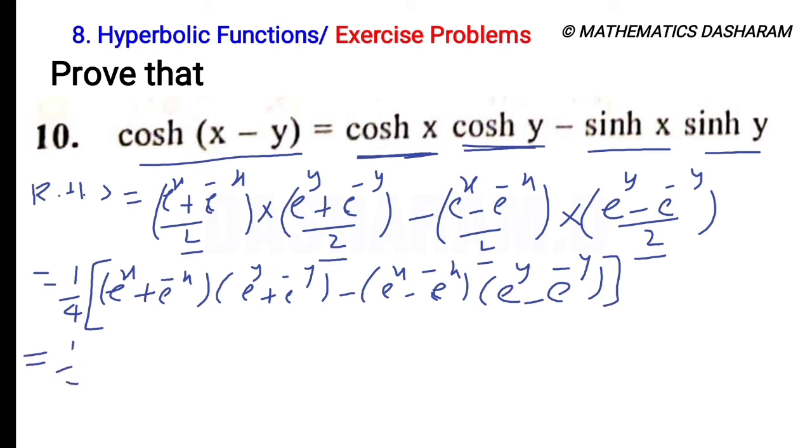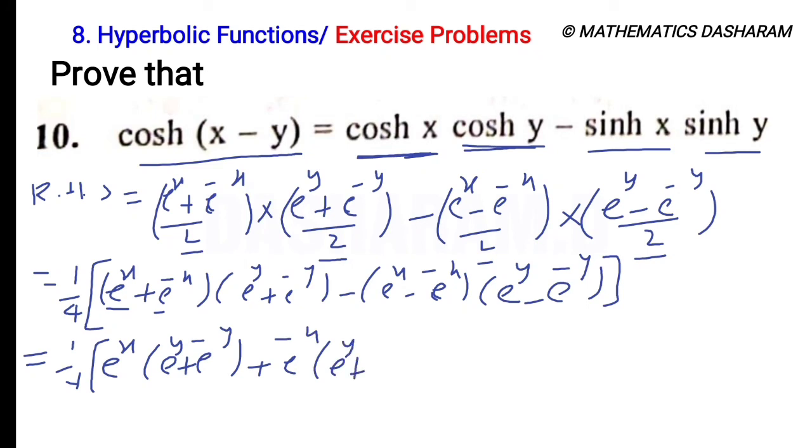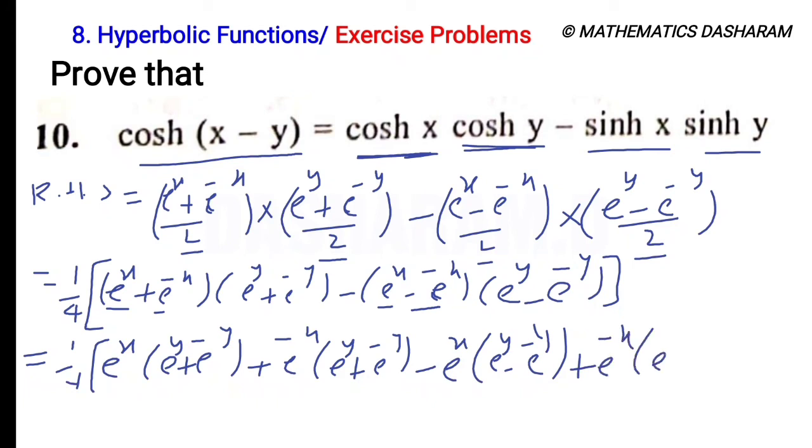So it is equal to 1 by 4 into: e^x, the first term, into the second binomial e^y + e^(-y). Next, the second term e^(-x) into e^y + e^(-y). Next, the first term is minus e^x into (e^y - e^(-y)). Next, minus of minus is plus, so e^(-x) into (e^y - e^(-y)).